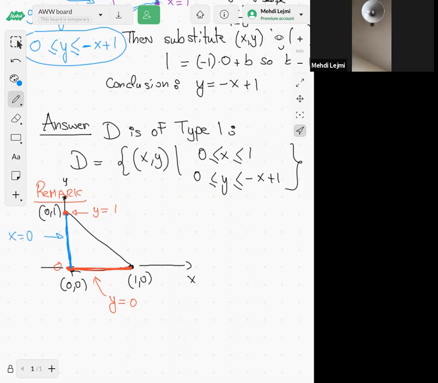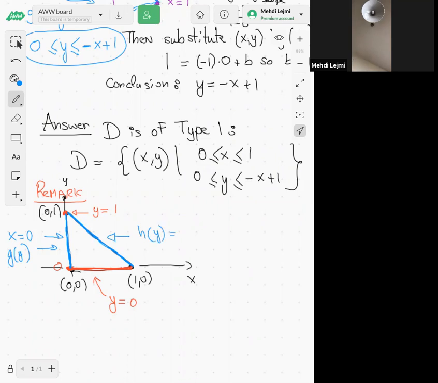That will be my g of y. And this line here will be my h of y.